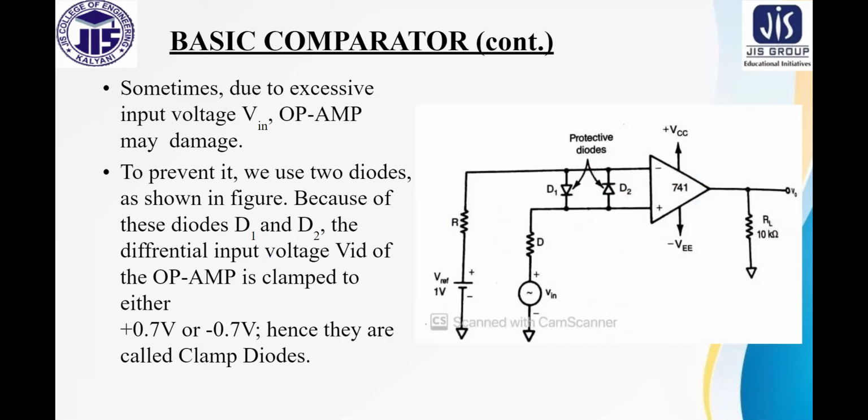Because of these diodes, the differential input voltage VID of the op-amp is clamped to either plus 0.7 volt or minus 0.7 volt. Because of this, these particular diodes are called clamp diodes. So this is the basic comparator circuit using op-amp. If you wish, you can have this diagram in your copy.